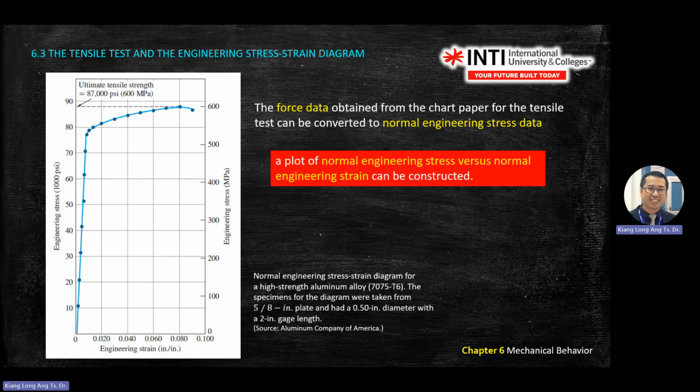We don't want to load our sample up to this point. This point will be used for design, for example, bridge design or the lift elevator cable. For the lift cable, we don't want it to fail, so we use this value and then divide by the safety factor.